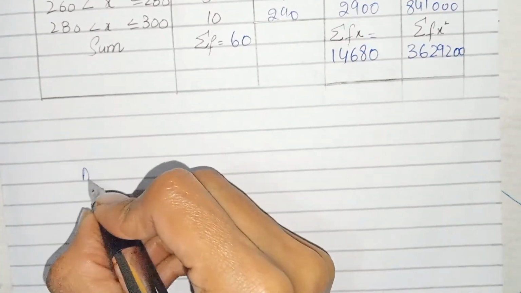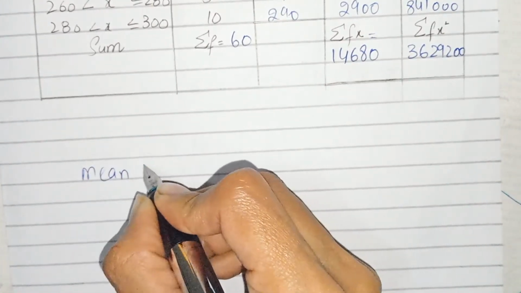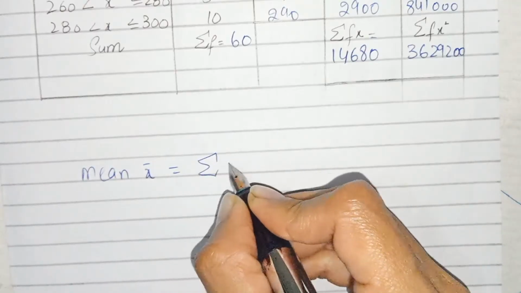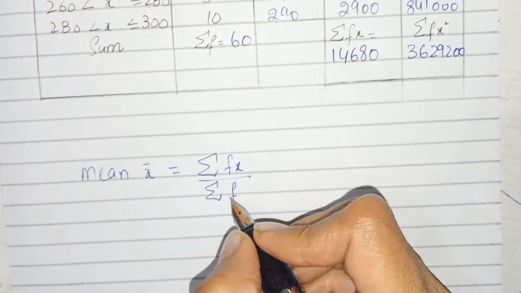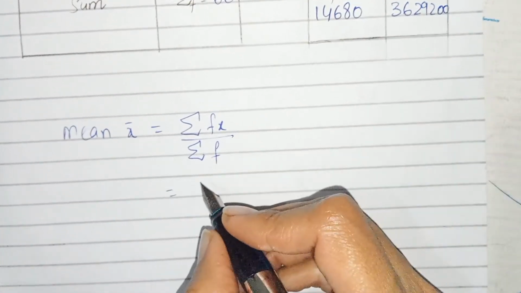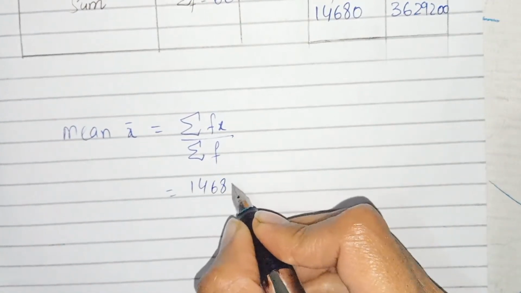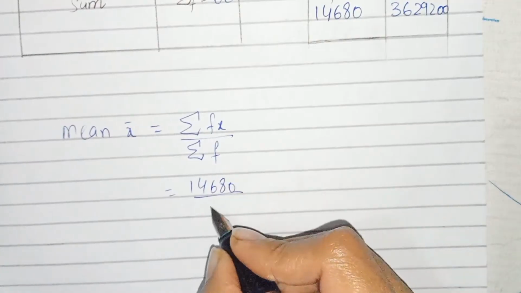Now we have to find the value of the mean. The mean is x bar equals sigma fx over sigma f. Sigma fx is 14680 and sigma f is 60.